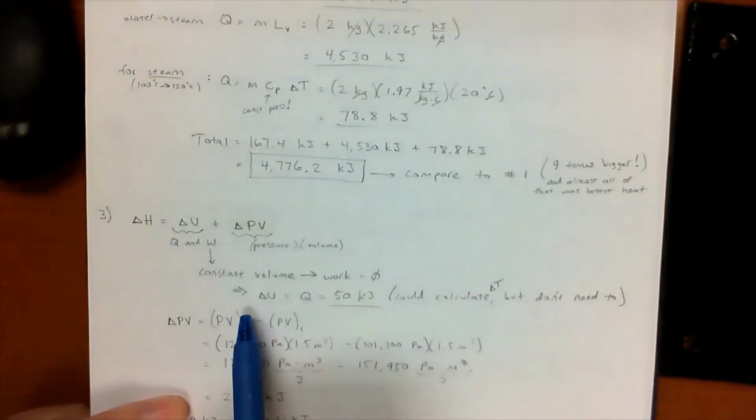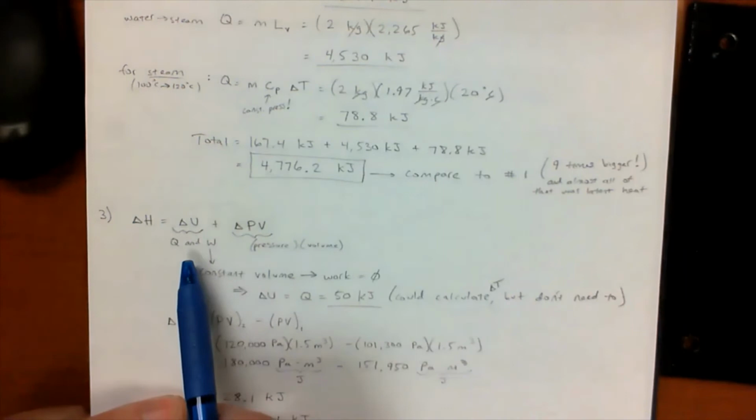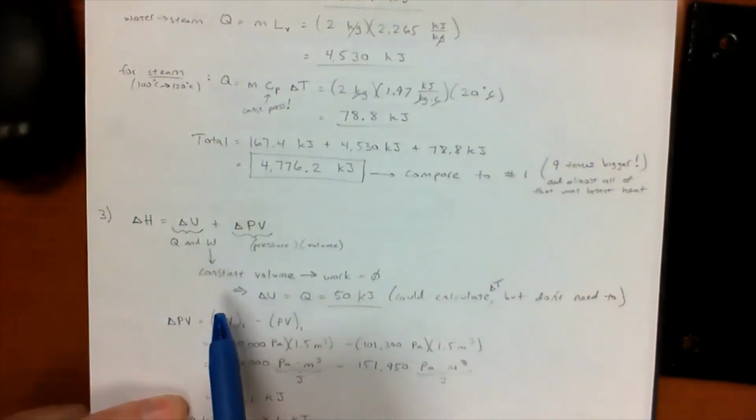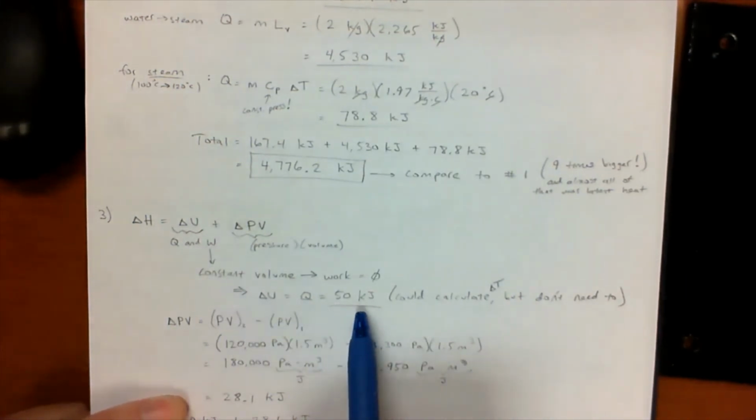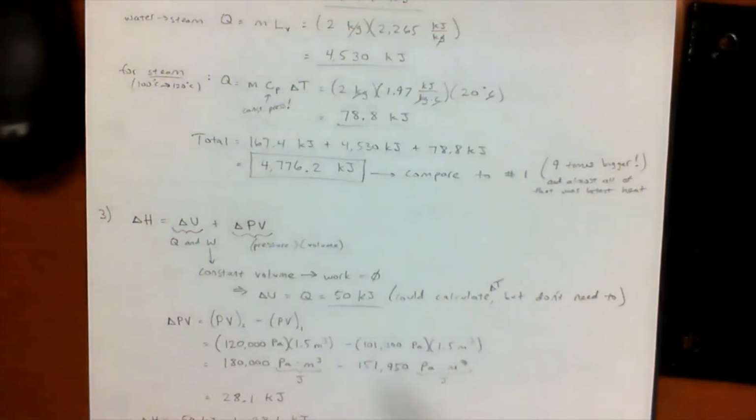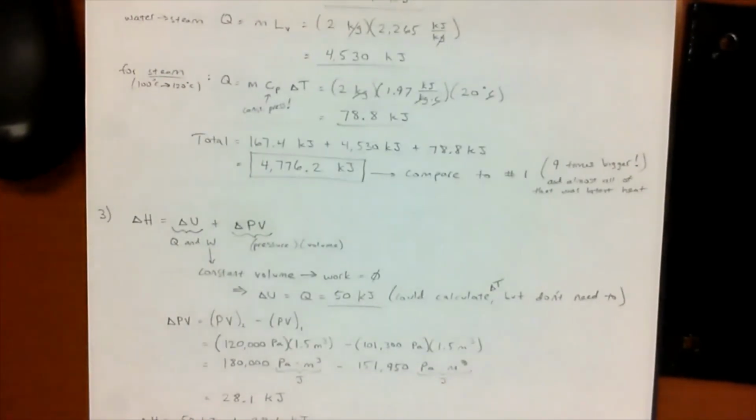But we are told that we do have heat added, Q, of 50 kilojoules. So our delta U is just 50 kilojoules. And note that we actually could calculate delta T if we wanted to, because we have an equation for that. This is just sensible heat at a constant volume.